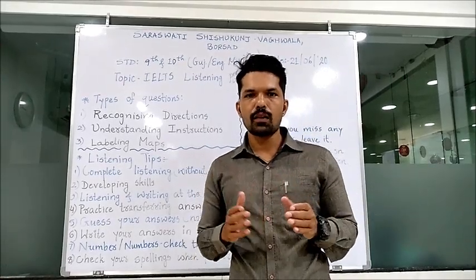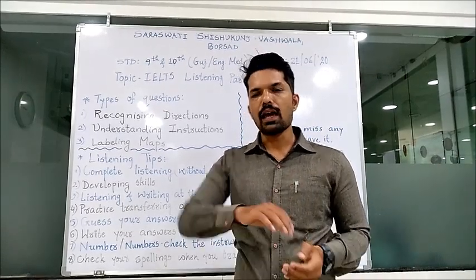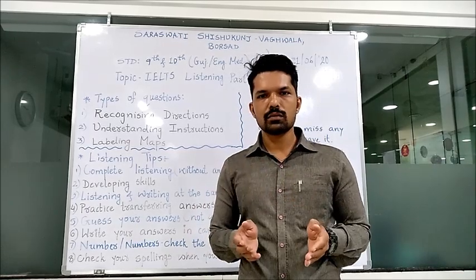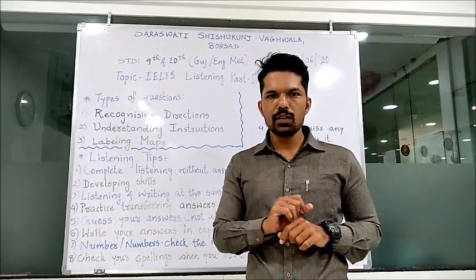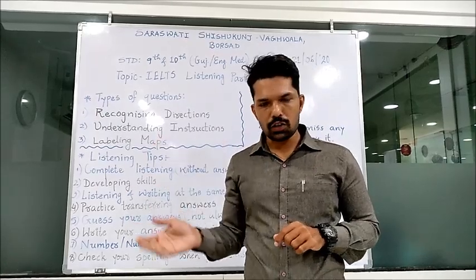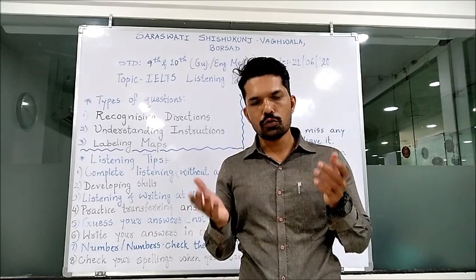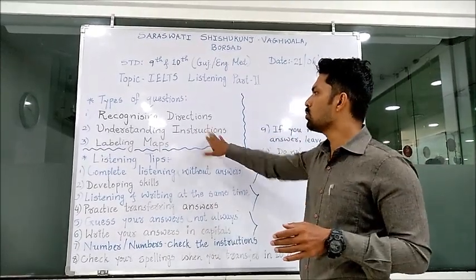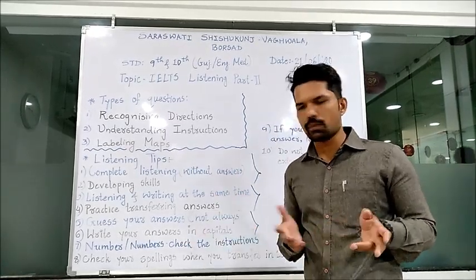If I say fold this paper, then I say fold it twice. If I say make a triangle out of it after folding it, this is how I give you instructions. You listen to it, and if you have the paper, you fold it and make a triangle out of it. So that is how you listen to the instructions, try to understand them and follow them.